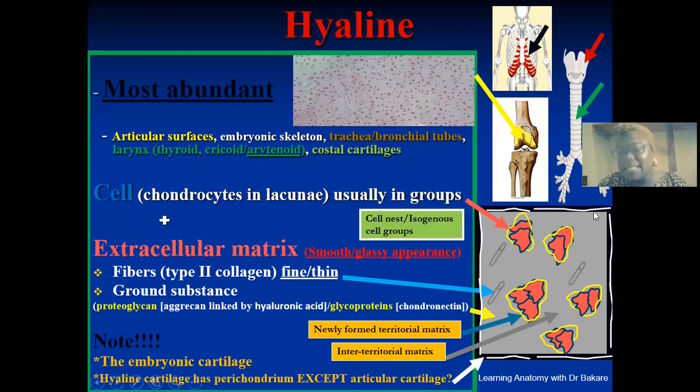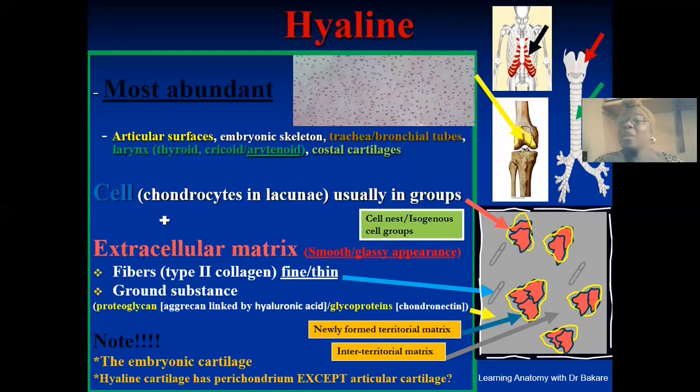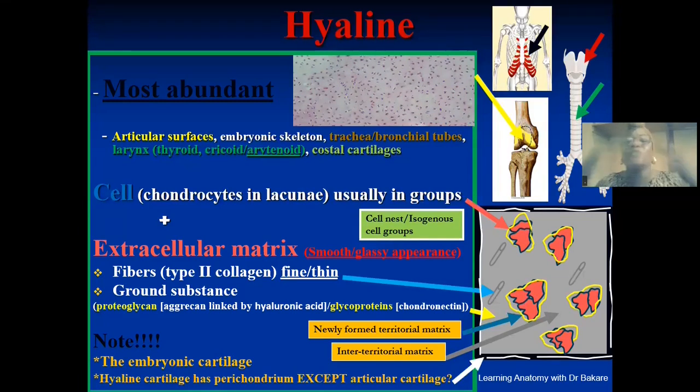So this is what is seen around this outer limit. Articular cartilages are not seen to have this kind of presentation, and what this means is that nutrients can diffuse easily from the synovial fluid into the substance of these articular cartilages because they are not seen with the perichondrium, but other types of hyaline cartilage are seen to have perichondrium.